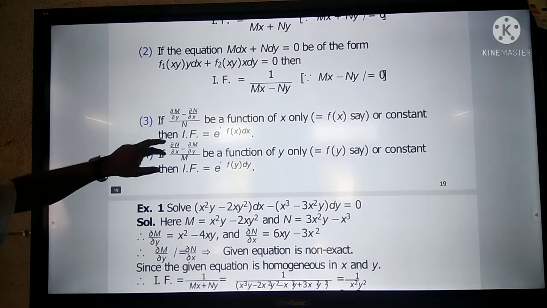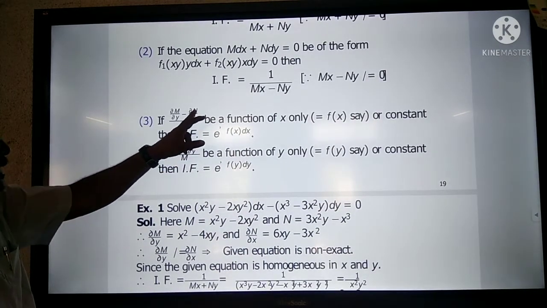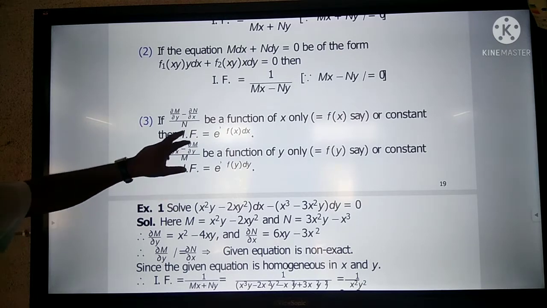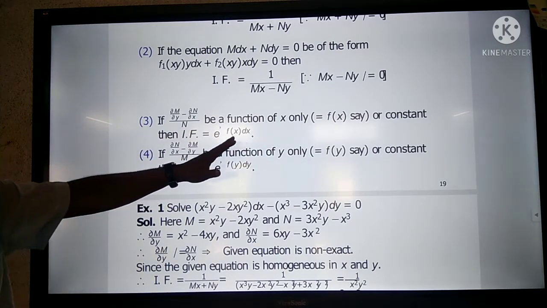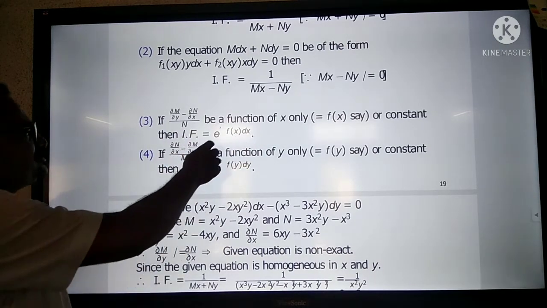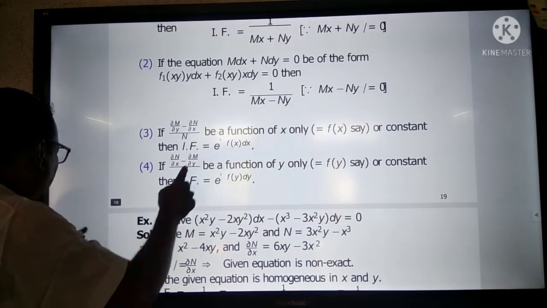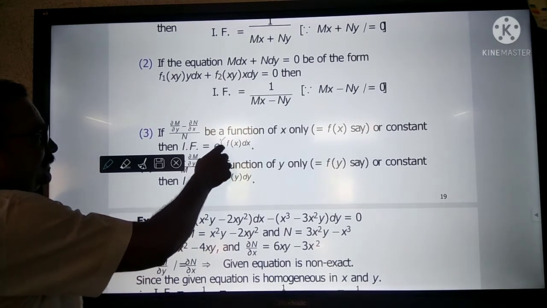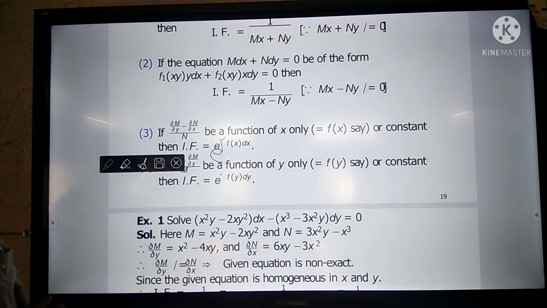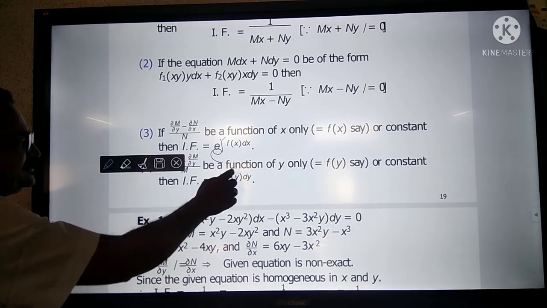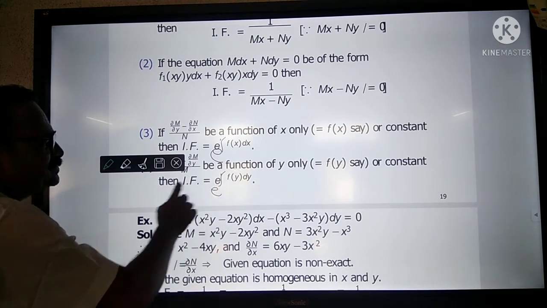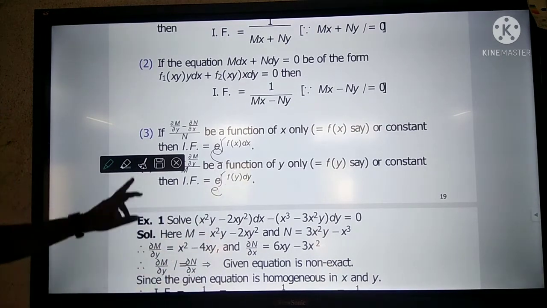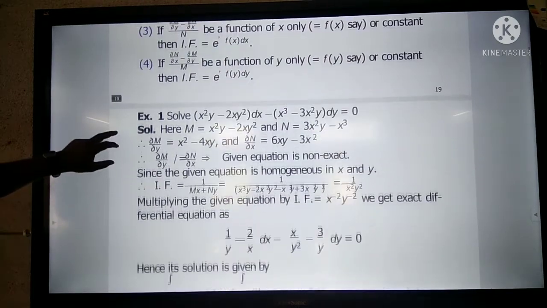Third, if (∂M/∂y minus ∂N/∂x) upon N is a function of x, then the integrating factor is e raised to the integration of f(x) dx. And if it is a function of y, then it is e raised to the integration of f(y) dy.